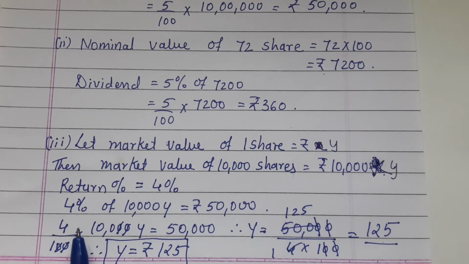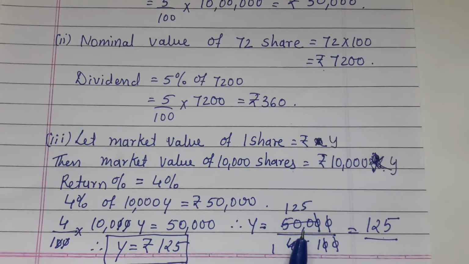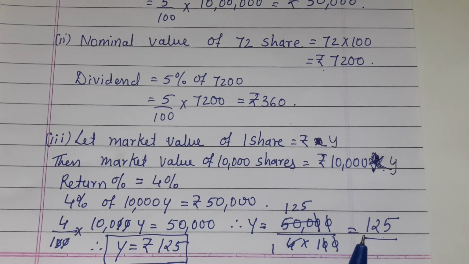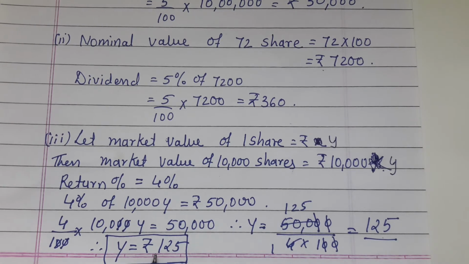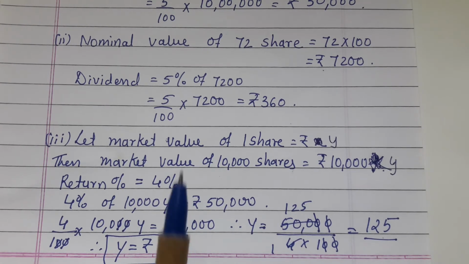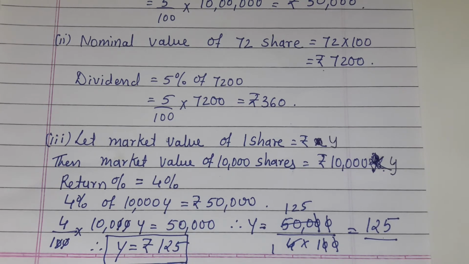Therefore, 4 upon 100 into 10,000 Y equals 50,000. Therefore, Y is equal to 50,000 upon 4 into 100, equal to 125. Y is equal to rupees 125. Market value of one share is rupees 125.